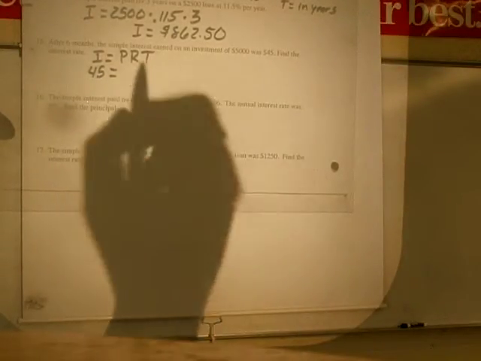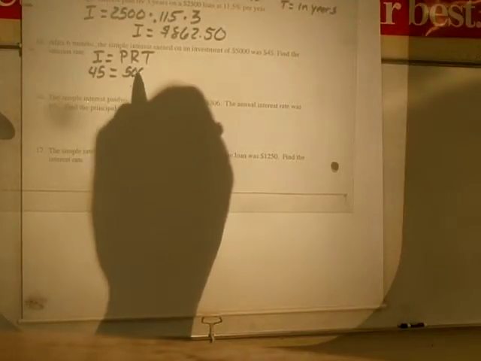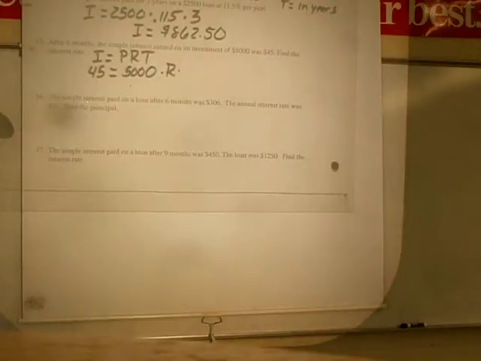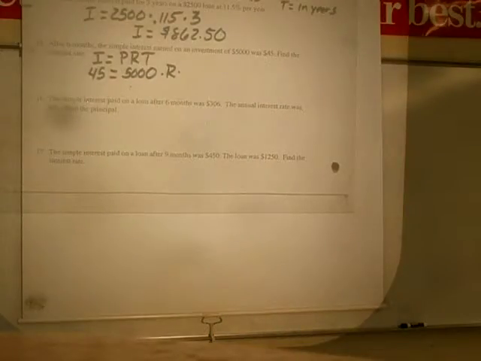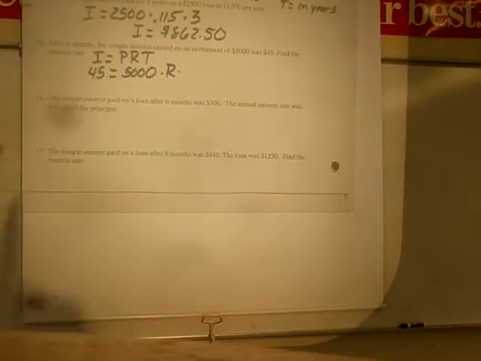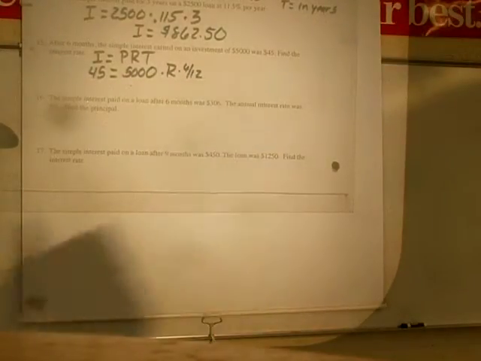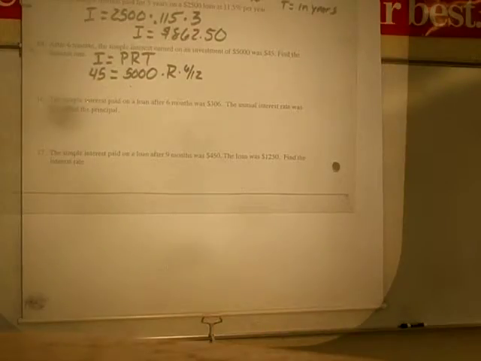The principal is the amount of money that we started with. We do not know the rate, so we're going to leave that as an R. And our time in years, 6 months, we would write as 6 over 12. There are 12 months in a year, so I'm going to write that as 6 over 12.